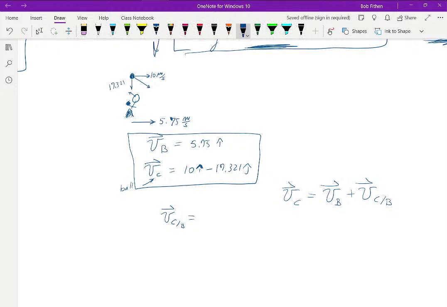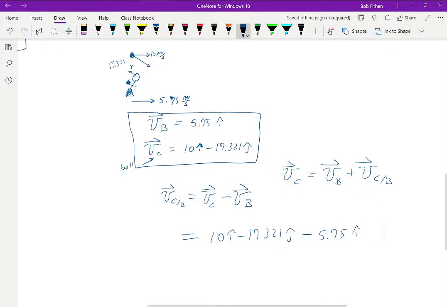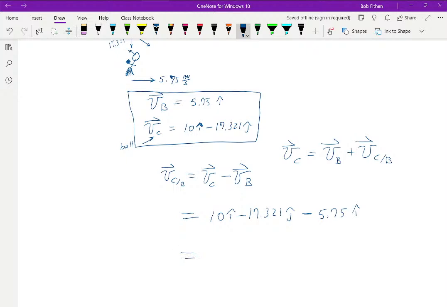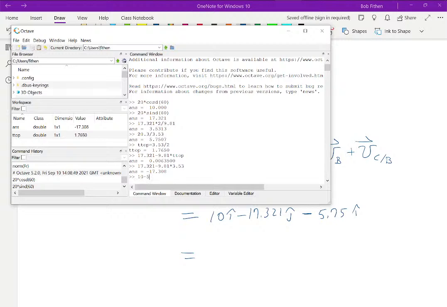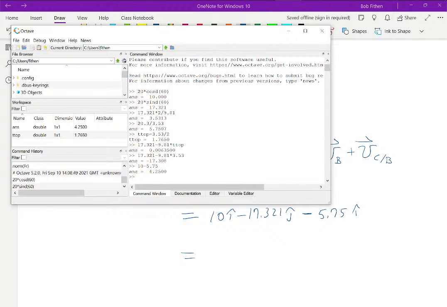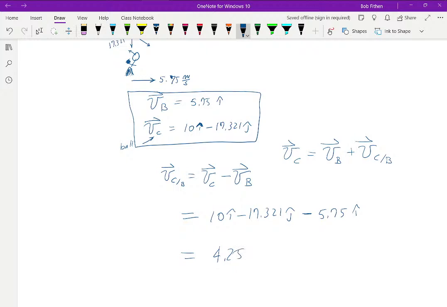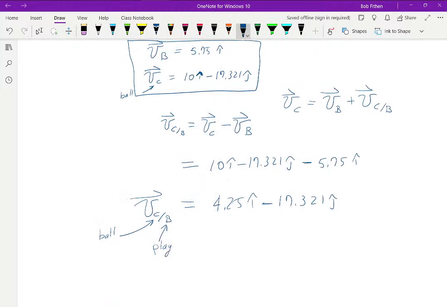Velocity of C relative to B is velocity of C minus velocity of B, equals 10I minus 17.321 J minus 5.75 I, or the ball looks like it's coming in. Anyway, that's different. That gives 4.25 I minus 17.321 J. So that's the velocity of the ball relative to the player.